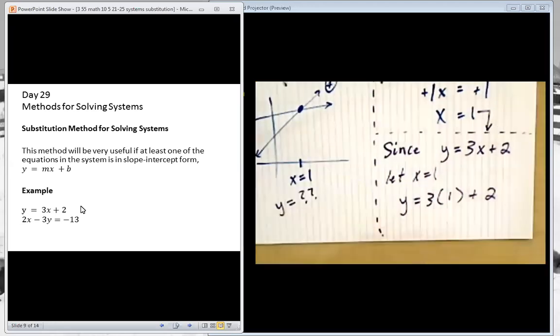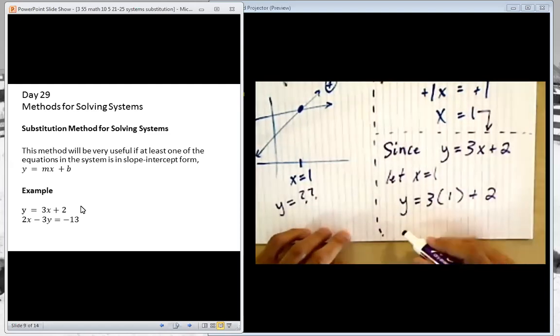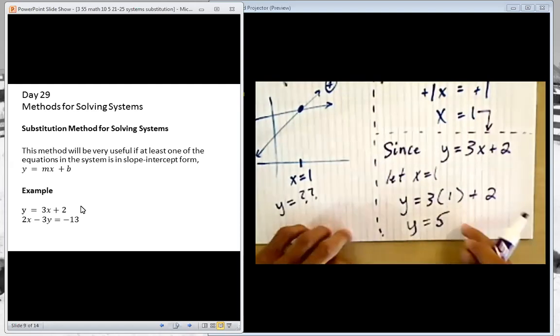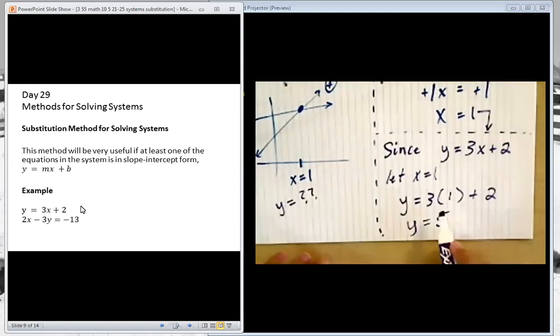So we get y is equal to 3 times 1, plus 2. We get a y value equal to 5 just by doing the algebra. 3 times 1, 3, plus 2, 5.